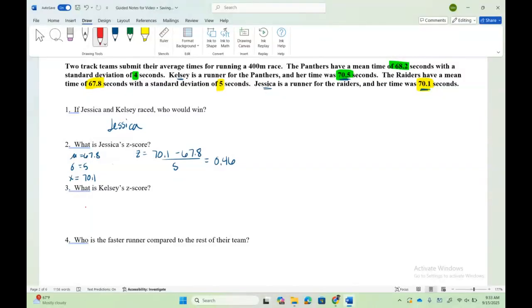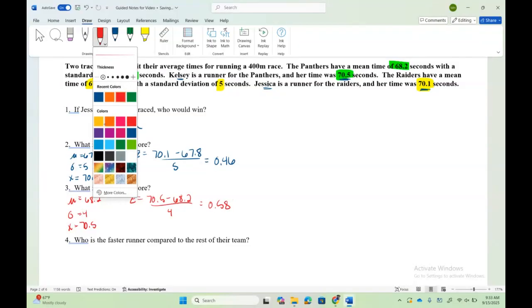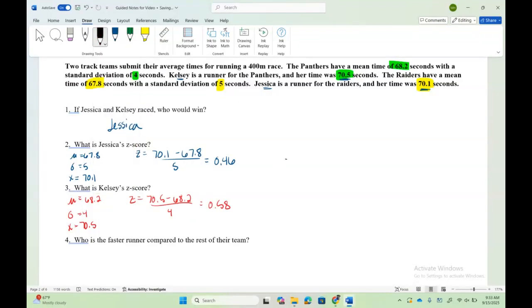All right, for Kelsey, her team's mean was 68.2, standard deviation of 4, and her time was 70.5. Z-score was 0.58. Okay, so let's think about this.